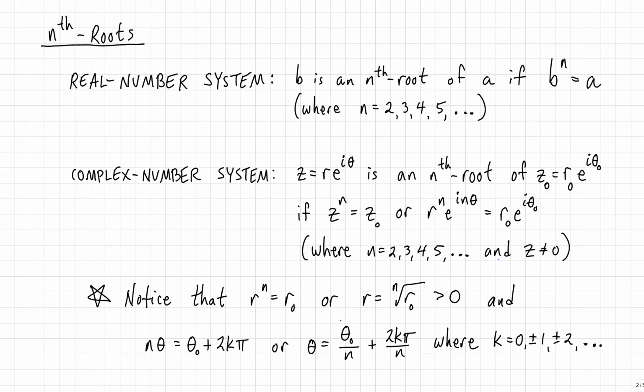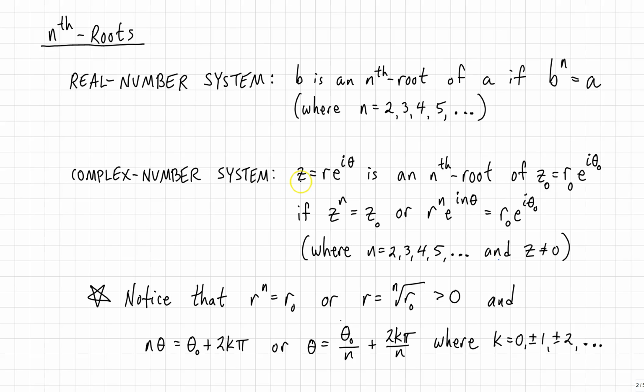So let's translate that over to the complex number system. In the complex number system, we're going to use exponential form for this. You can do polar form or rectangular form, but we're just going to use exponential form in our description.